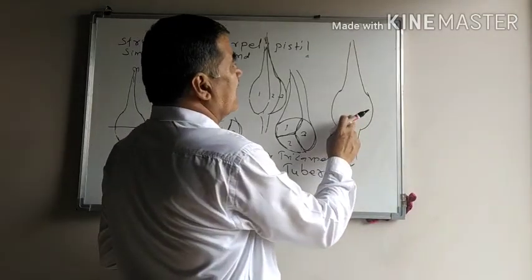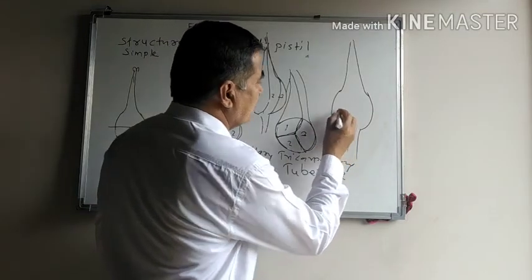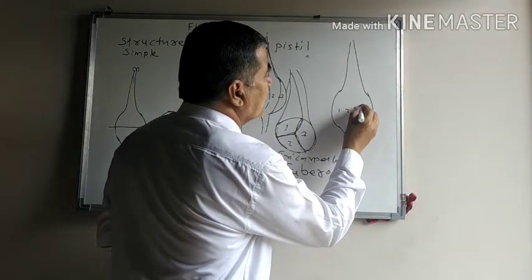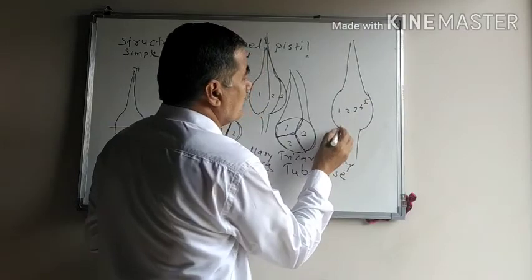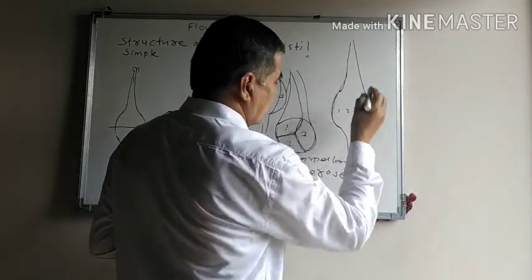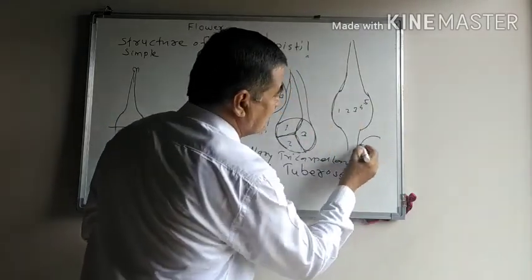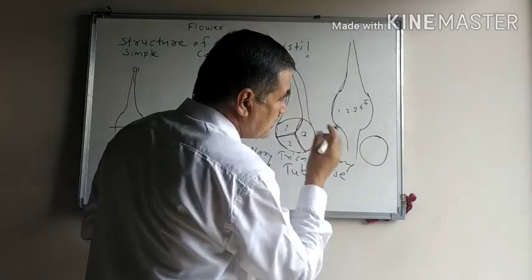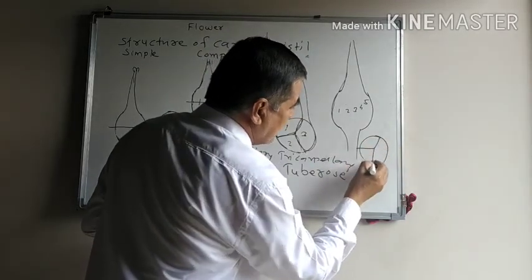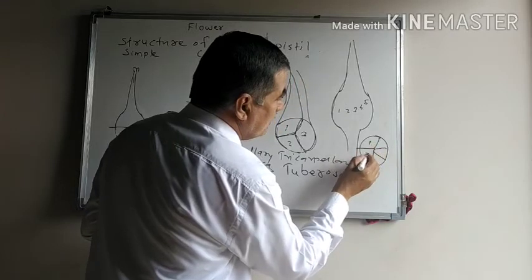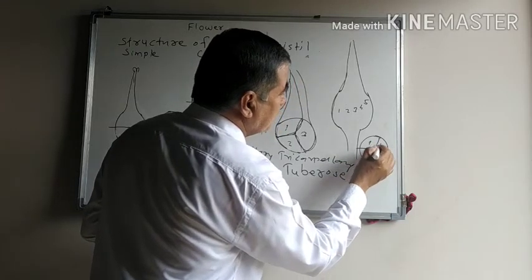Last one is pentacarpellary. In this pentacarpellary, there are five carpels united to form a single ovary. If the transverse section is taken, it shows five angles, 1, 2, 3, 4, 5.